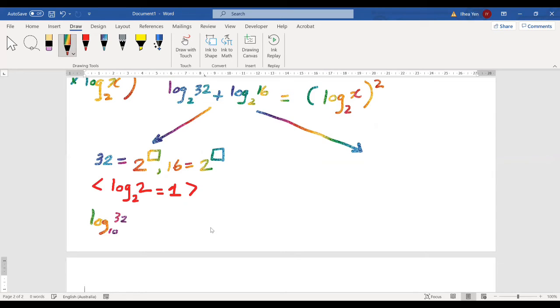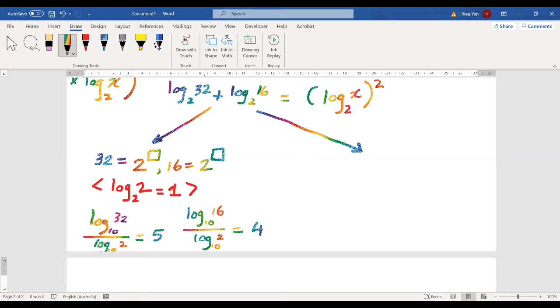Log 32 divided by log 2 will give me 5 as my answer. And if I do the same thing in my calculator, log 16 divided by log 2 gives me 4. Okay, so here the power will be 5, and the power of 4.